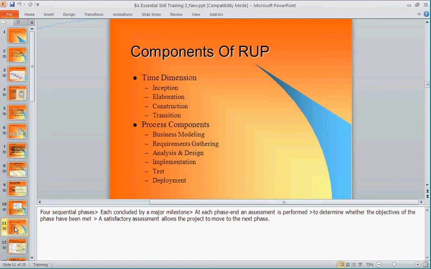And there could be multiple iterations of these processes per phase, right? Correct? And that is the second dimension. It's called the process component. It is also called the workflow. Dimension, component, workflow, same story, discipline.